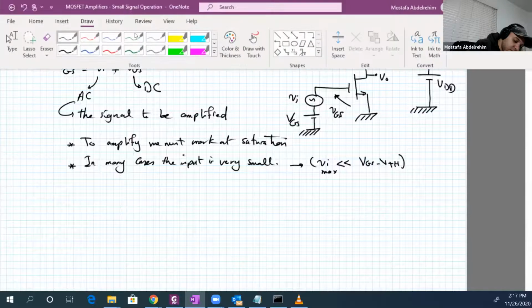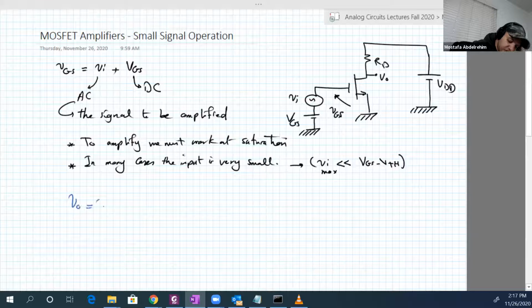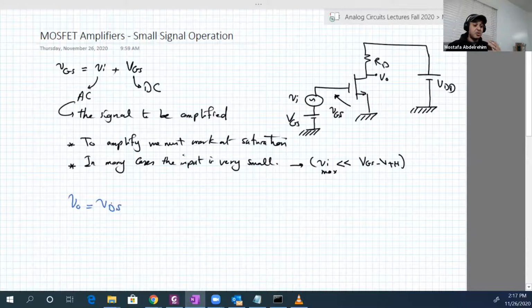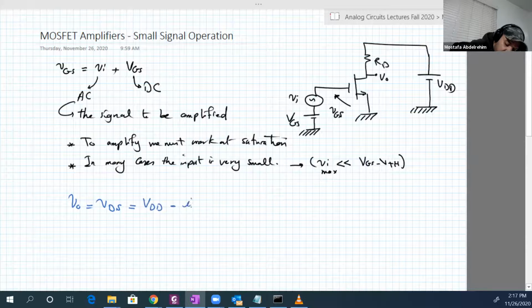So vDS, small v, capital DS, because now the voltage at the drain-source has part of it DC and part of it AC, is equal to VDD minus iD, small i, capital D, again because the current is now changing because the input is varying, the VGS is varying, and iD has two components, one AC and one DC, multiplied by RD.